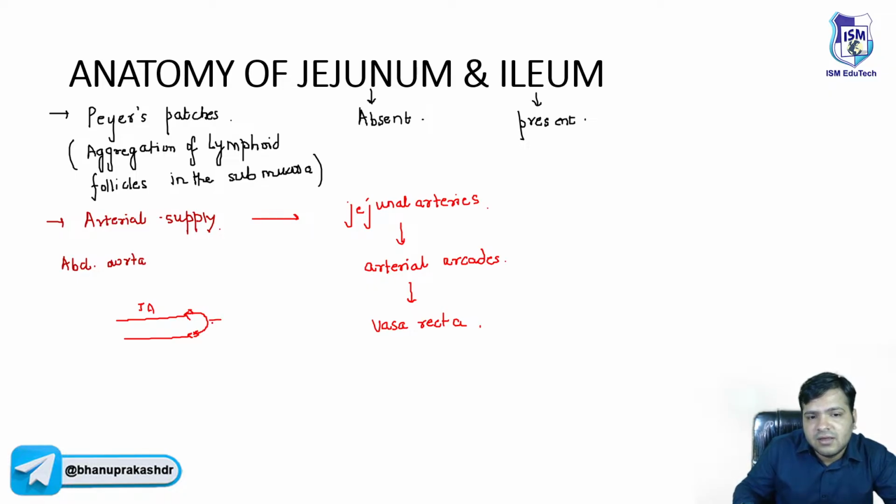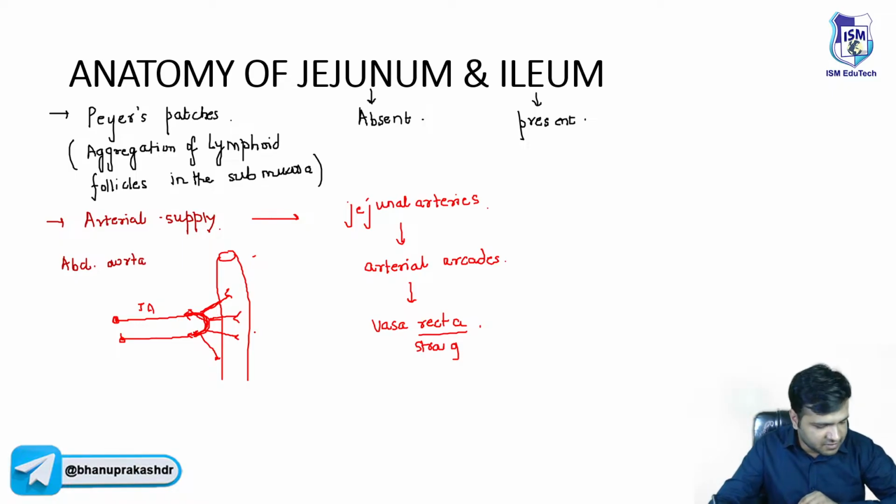That is called the arterial arcades, and further it will give straight branches, vasa recta. Recta means straight. Suppose this is the lumen of the jejunum, so it will supply like this.